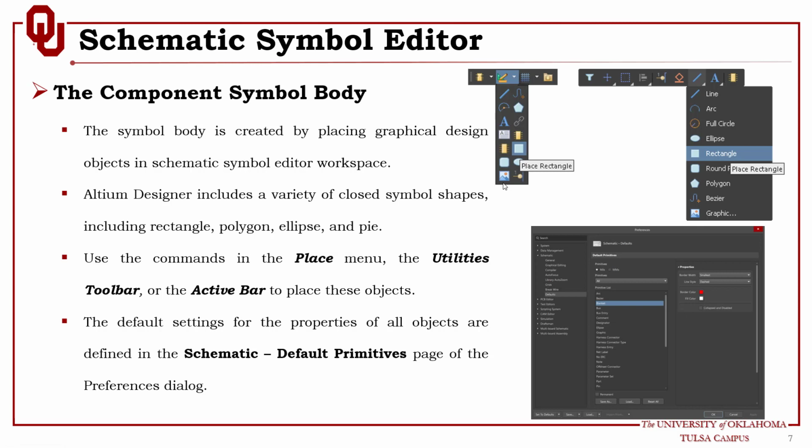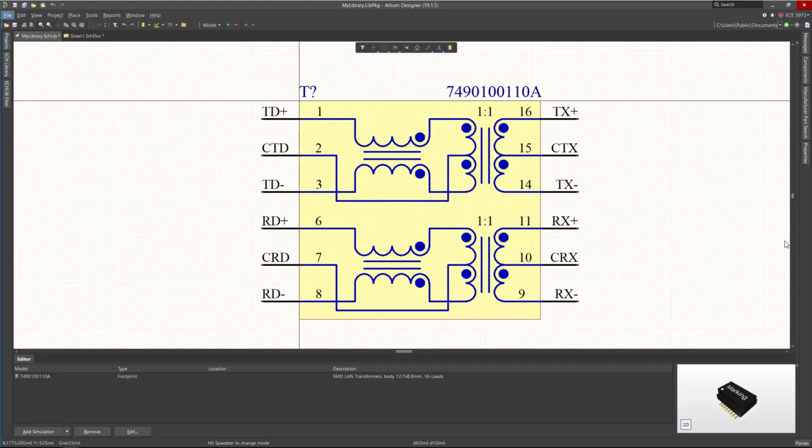Even a schematic component, you can add an image to it. There is no problem with that. And to add a component, you need to use the command in the place menu or in the utilities toolbar that we just showed. It was hidden, or the active bar to place these objects, and we will see how we can do that. Let's do some practice on that.